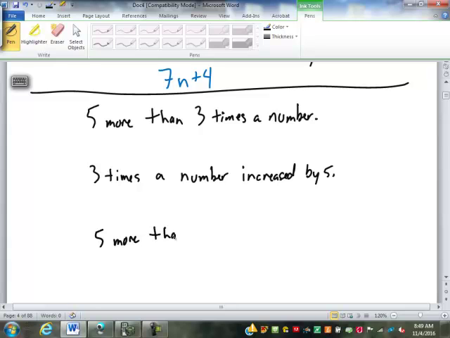Five more than the product of 3 and a number.